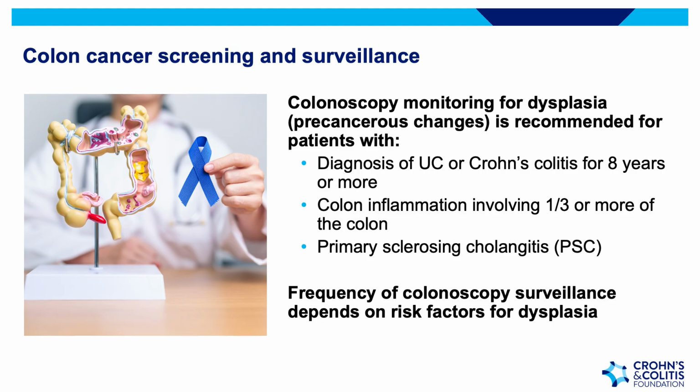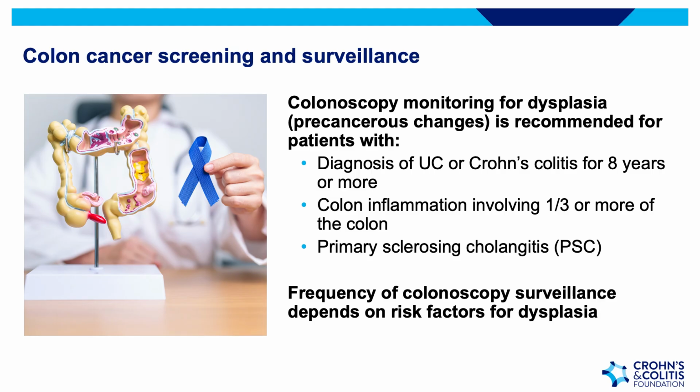So there are guidelines for who should have colonoscopies more frequently for dysplasia monitoring, and that is patients with either ulcerative colitis or Crohn's disease for 8 years or more, with at least a third of their colon involved, or also patients with primary sclerosing cholangitis or PSC, which is an autoimmune liver disease. Patients with PSC have a much higher risk of colon cancer over their lifetime. So for PSC patients, the recommendation is to get a colonoscopy every year. And I will say that's every year from the time of diagnosis.